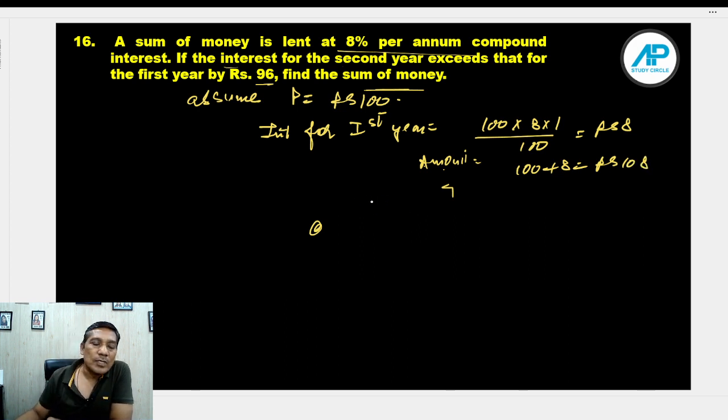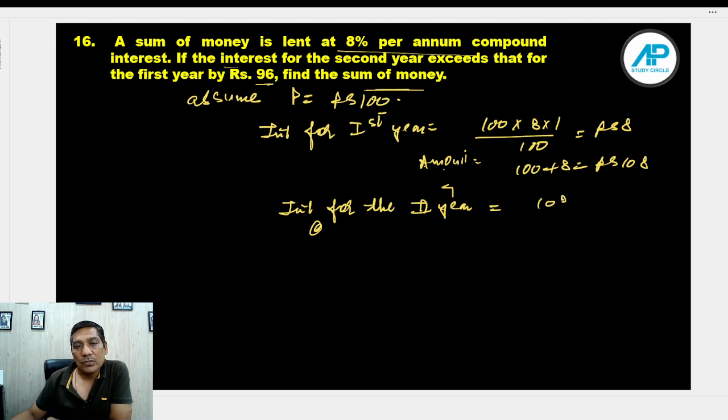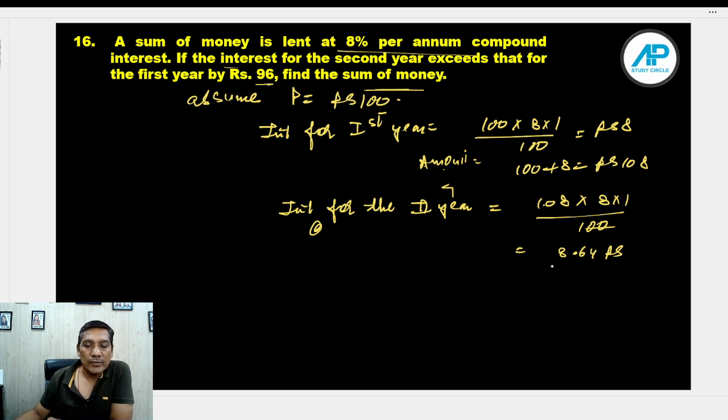We are at the end of first year and the amount is 108 rupees. So I got the interest for the second year. The amount for the first year is the principal for the second year. This gives me 8.64 rupees as the interest for the second year.